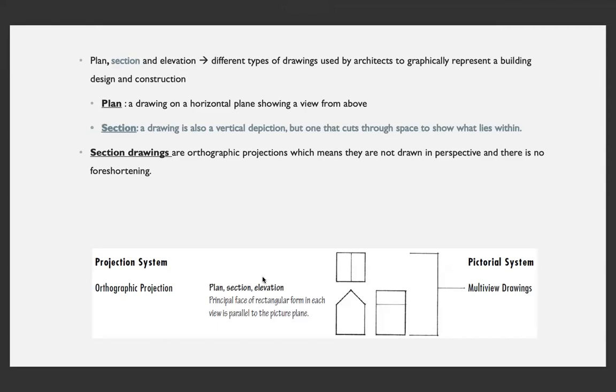Section drawings are orthographic projections, which means they are not drawn in perspective and there is no foreshortening. If we remember projecting systems, in orthographic projection we have the top view, the front view, and the side view. But when we take the side view from inside the building, then it becomes a section. If we look from outside of the building, then it is an elevation.